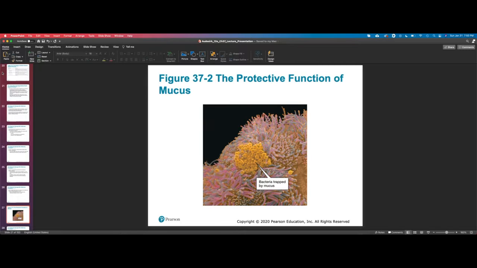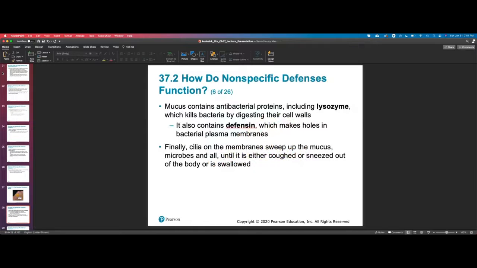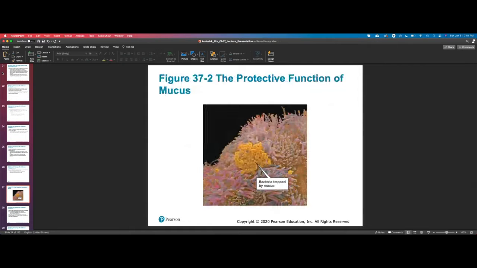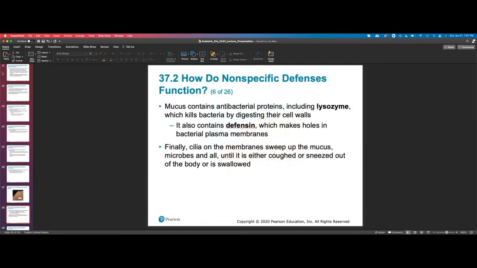It's either that or you sneeze it out, but it's kind of funny that one of the easiest ways to take care of something that you breathe in is just to swallow it. So you actually have cilia that beat in rhythmic motion. They form sort of a current that flushes what's trapped in the mucus down to your throat so you can swallow it. And that's called a mucociliary escalator.